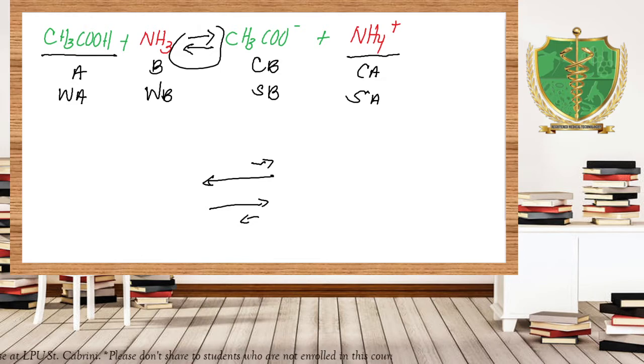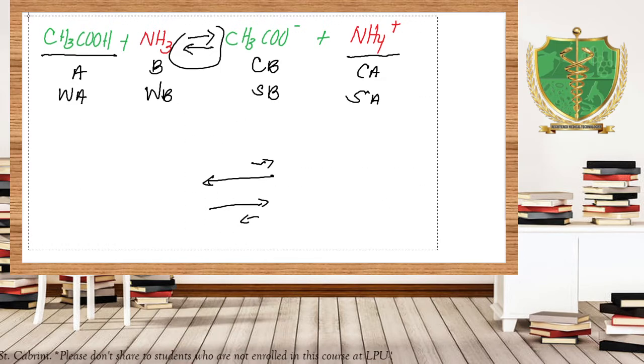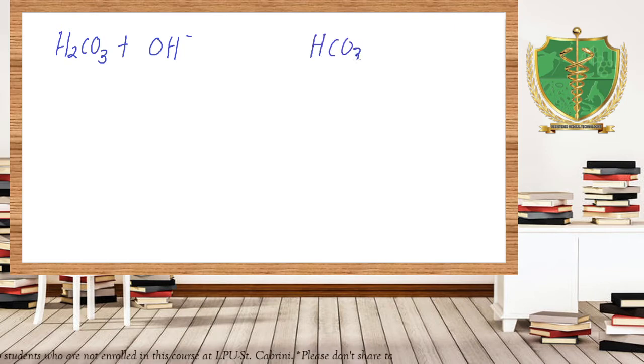Example po natin. Let's have an example. So we have carbonic acid plus hydroxide. And what will happen? First, it will give us hydrogen carbonate plus water.